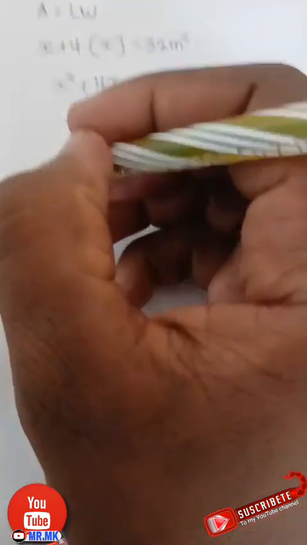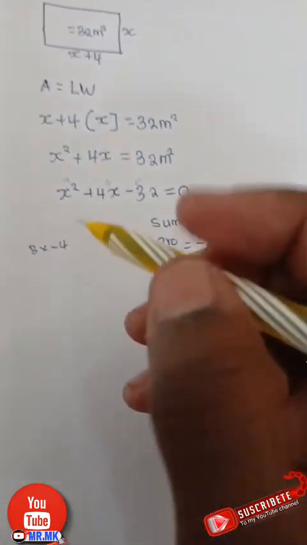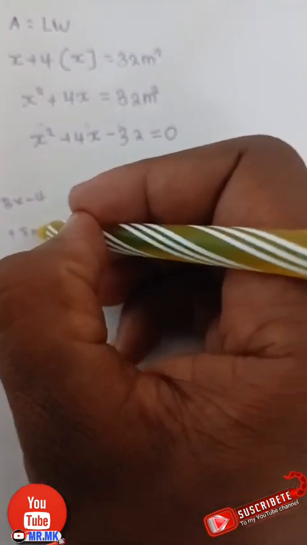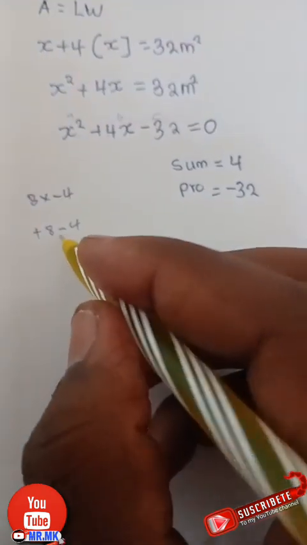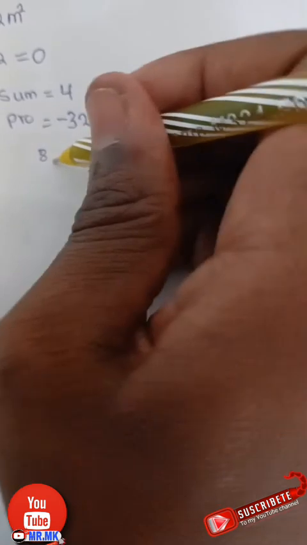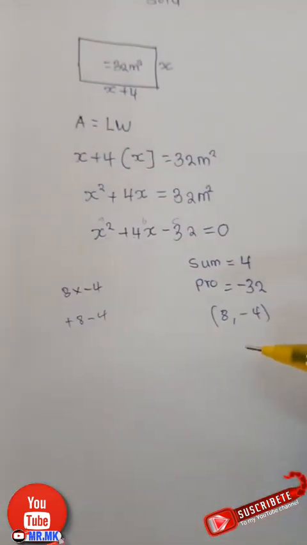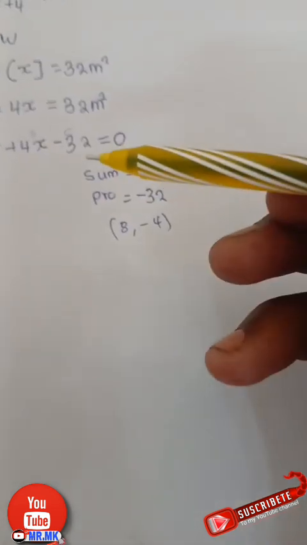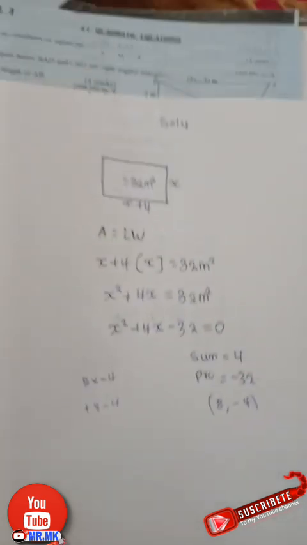Let's say 8 times negative 4. 8 times negative 4 will be negative 32. And positive 8 plus negative 4 will still give positive 4. Now the two numbers are 8 and negative 4. I think you have identified the two numbers: when you multiply, you get negative 32, and when you add, you get positive 4.